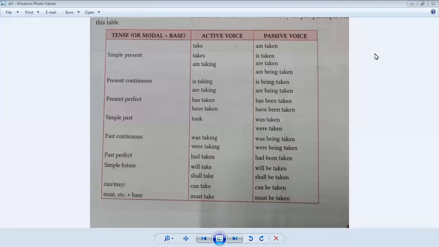So in simple present tense, the active voice sentence can have two possibilities. Here, this am taking is from present continuous. In simple present, you will just have take and takes.